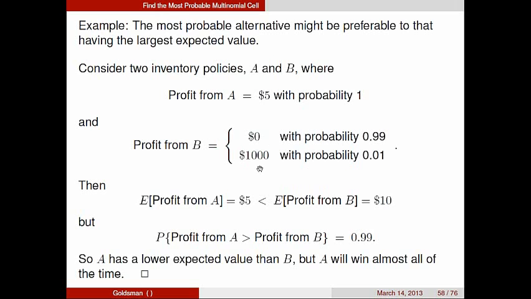It turns out it's very easy to show that 99% of the time, A is going to be better than B, just by the way I've defined this goofy problem. Yet, the expected profit from A is less than B. So you as a manager have to decide what's more important, the probability of being more popular or the probability of having more profit, the expected value. So are you going to win every once in a while really big, or are you going to win most of the time? These are 2 different measures, and you have to decide that.